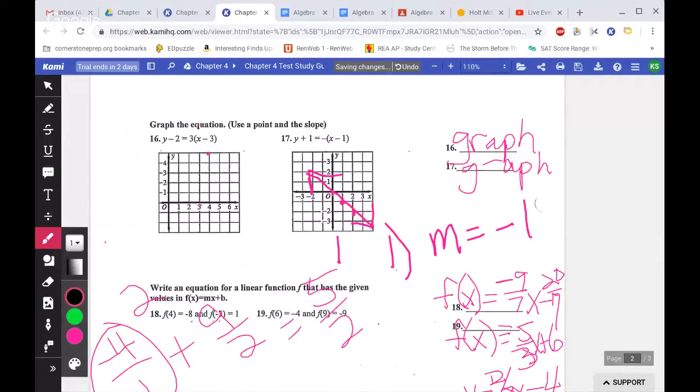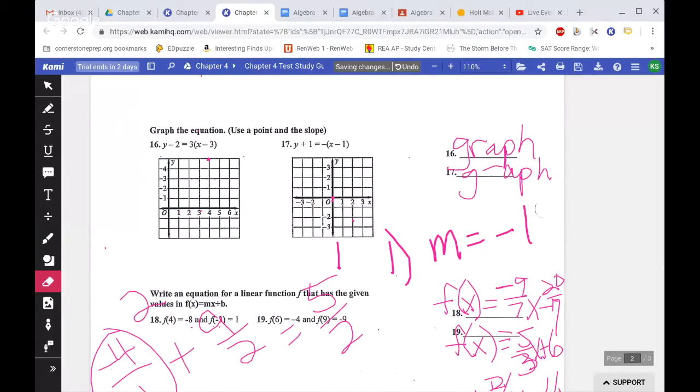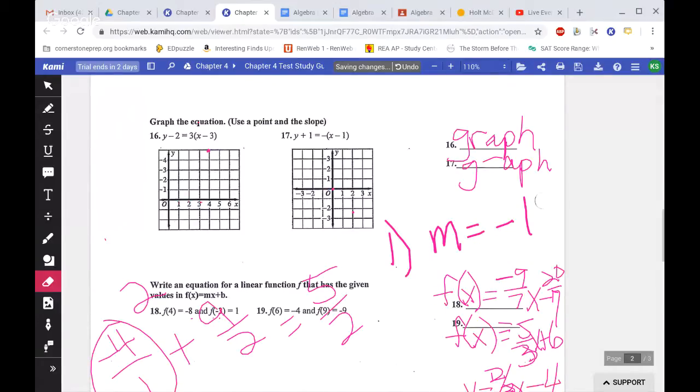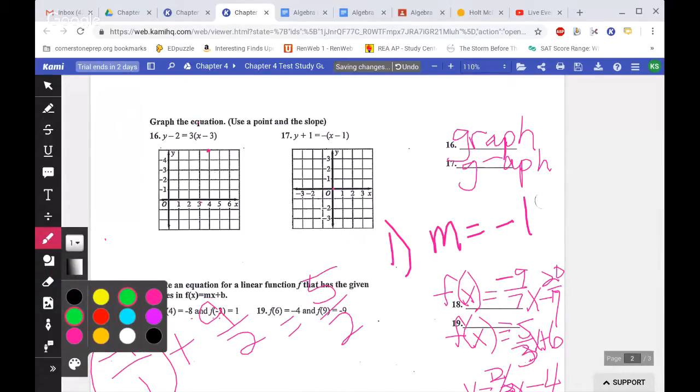All right. Graph the equation using the point slope form. The first thing you're going to do is pull the point out of the equation. So what is the point that you're given in number 16? Can anyone tell me? Is it 3, 2? It is 3, 2. Good job. So I'm going to go over 3 and up 2.